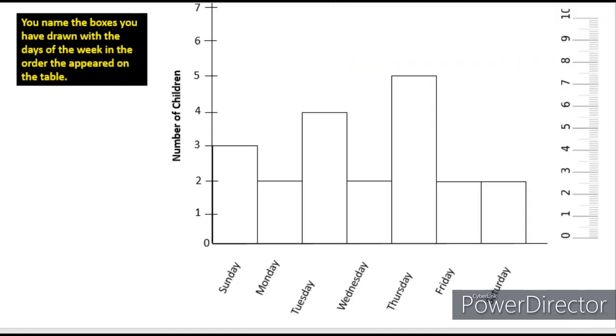I want you to take a minute to look at it. When you are drawing, you have your number of children here, and then you have your days here.